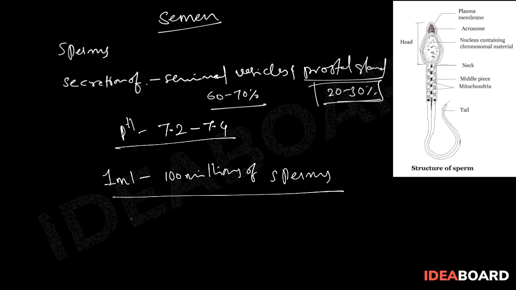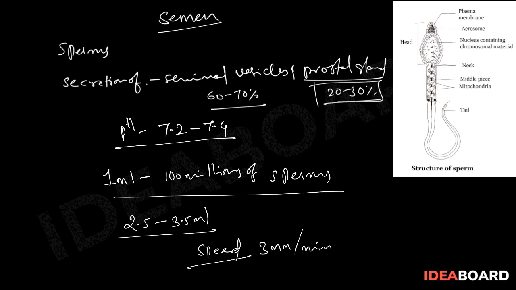Per time, approximately 2.5 to 3.5 ml of semen will be ejaculated into the female genital tract. Human sperm will move at approximately 3 mm per minute.